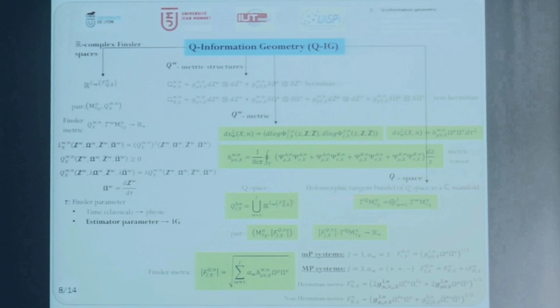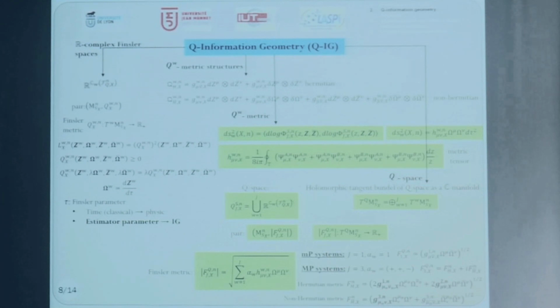The Q space is the union of all R complex Finsler subspaces. Such a space is a pair of manifolds of system and the Finsler metric. And the Finsler metric is the modulus of the complex Finsler function as defined by this.